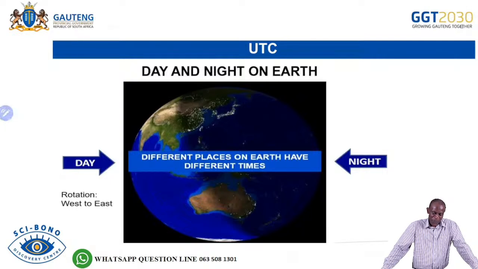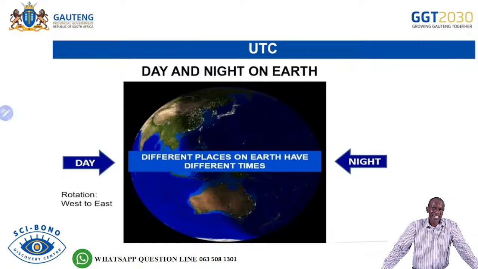So the projected picture here is that of the world, showing that certain regions of the world see the day earlier than other places of the world.